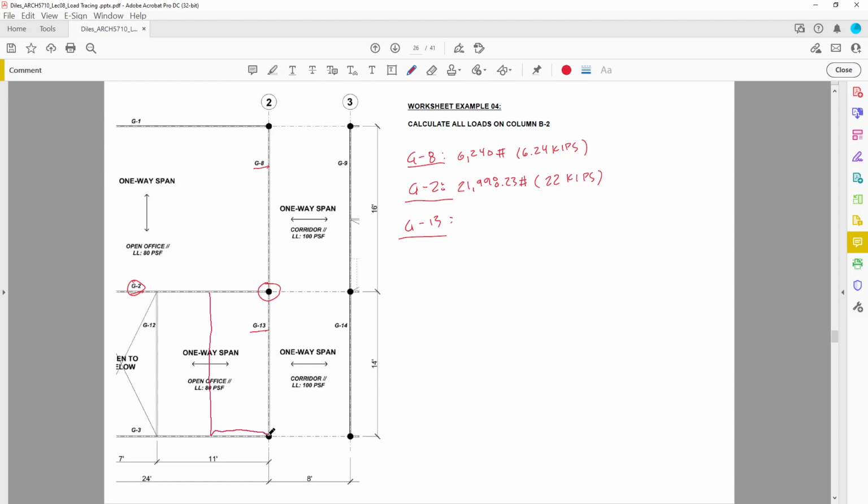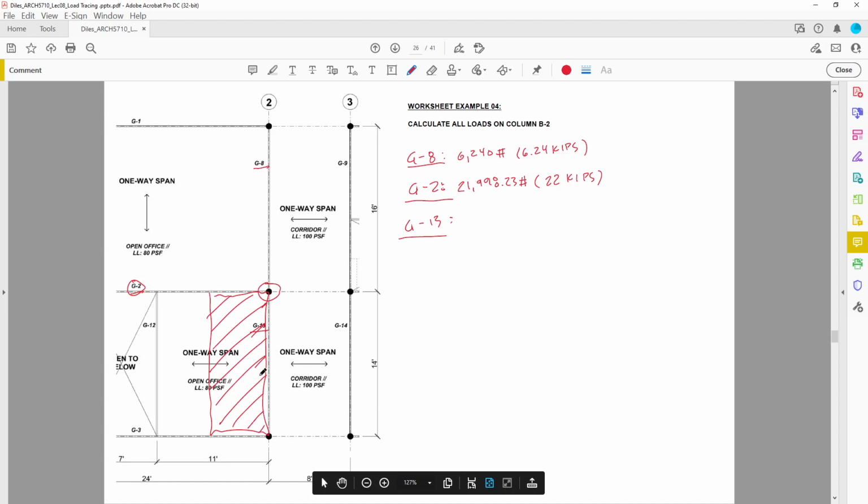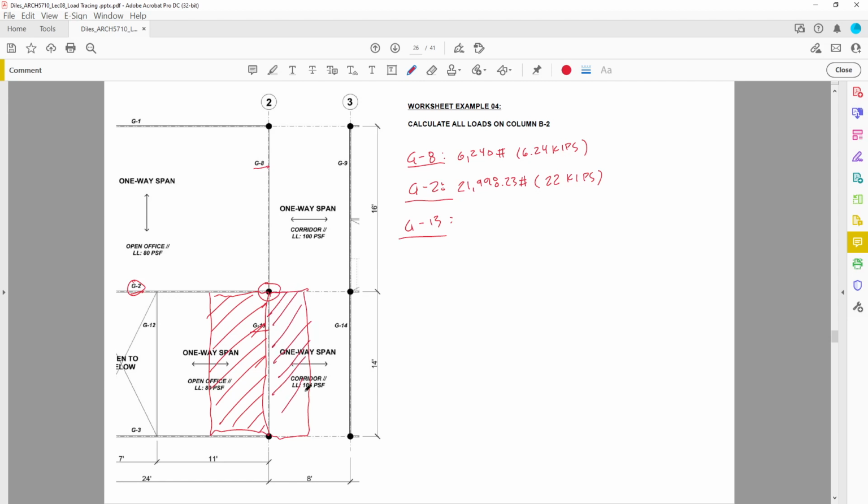We know that its tributary area is going to be half of the loads from this office space. And we know the tributary area on this side is going to be supporting the one-way span from the corridor. So we have that. All right, so let's just quickly look at the total loads on G13.